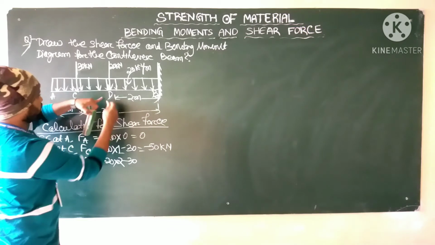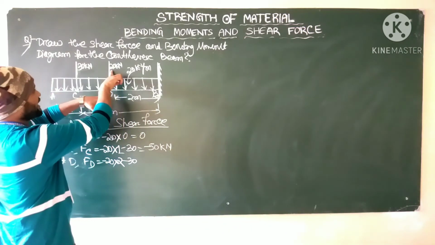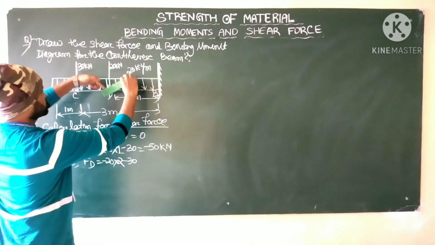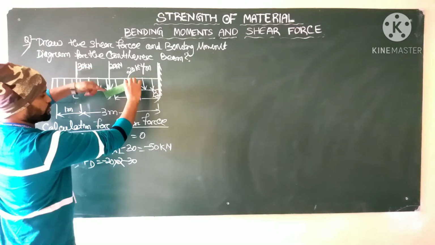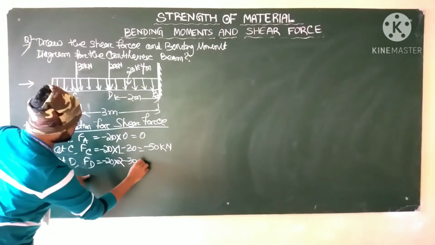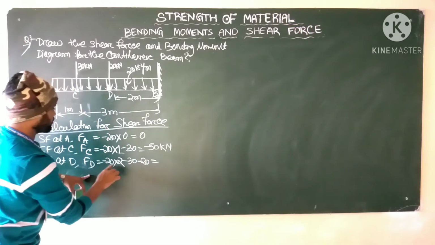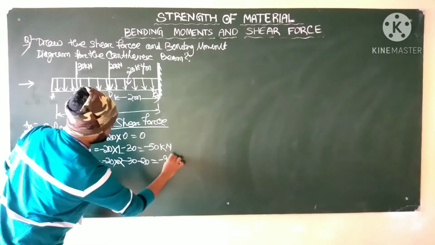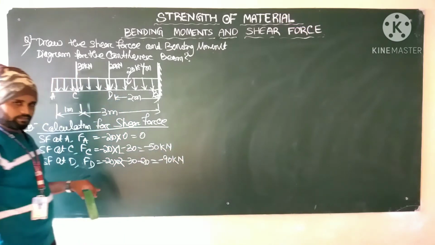Next, at point D, there is another point load of 20 kN. Due to this load, the left hand side of the beam moves downward. So minus 30 minus 20. So how much? 40, 30, 70, 20, minus 90 kN.